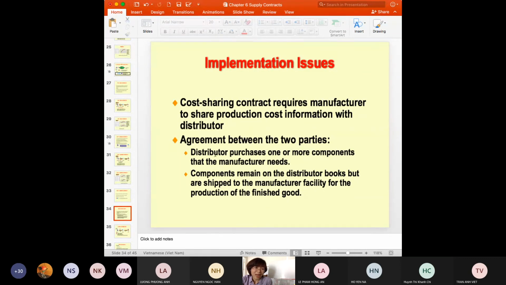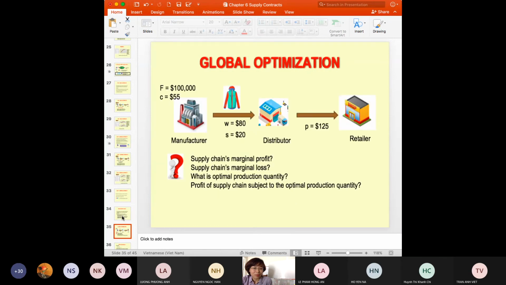It means the distributor is involved in buying the components for the manufacturer, so they will know the production cost. They can estimate.